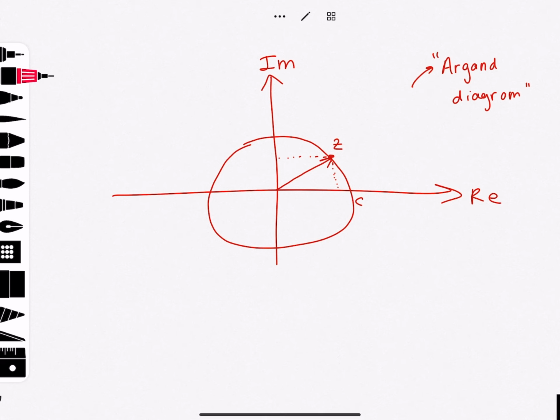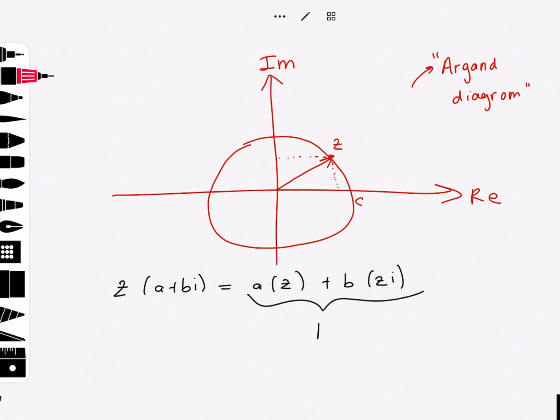Now let's say we want to multiply z by another complex number a plus bi, so z times a plus bi equals a times the vector z plus b times the vector zi, right? I will call this resultant vector r.